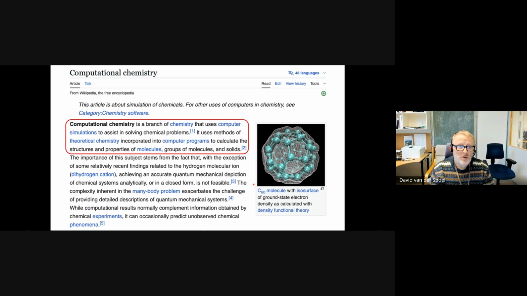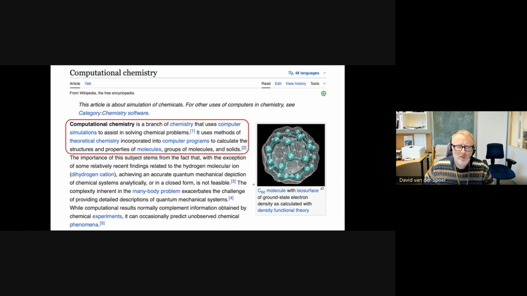An important aspect here is that it uses methods of theoretical chemistry, which is basically chemistry on pen and paper: the Schrödinger equation and derivations from that, and how you can model things just theoretically. These are then implemented in computer programs to calculate the structures and properties of molecules, groups of molecules, and solids. And in between molecules and solids, we have liquids, of course.